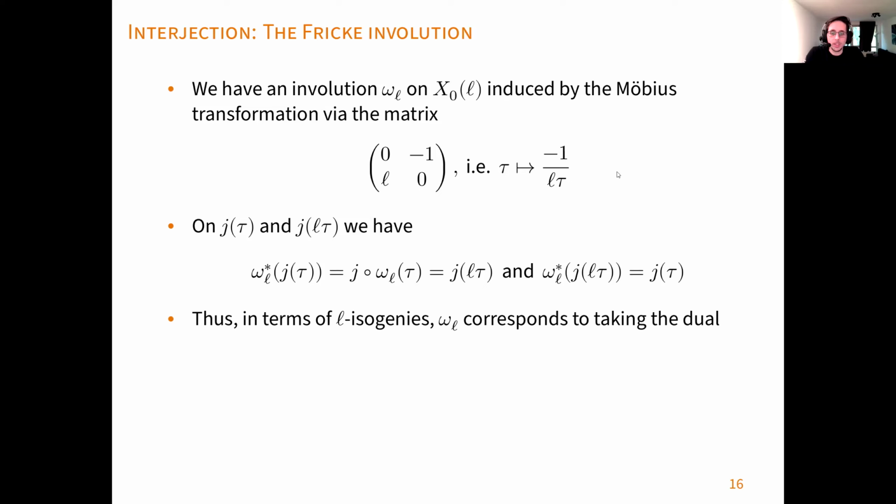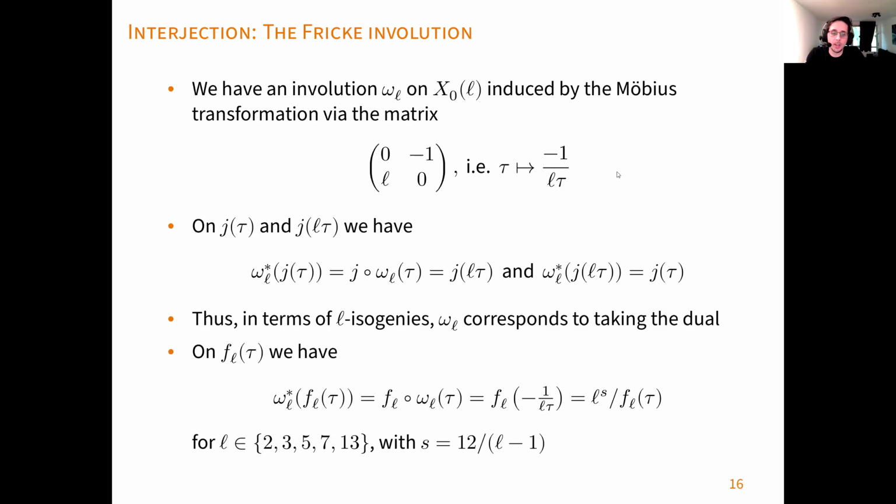So the nice thing is, if we understand that this omega_l corresponds to taking the dual, then we can understand how this F_l tau corresponds to l-isogenies, or how it's used to detect l-isogenies, if we look at the action of omega_l on it. Explicitly, if we apply this omega_l to F_l tau, again by a precomposition, then just using properties of the definition, we can see that this is exactly the same as l to the s over F_l tau.